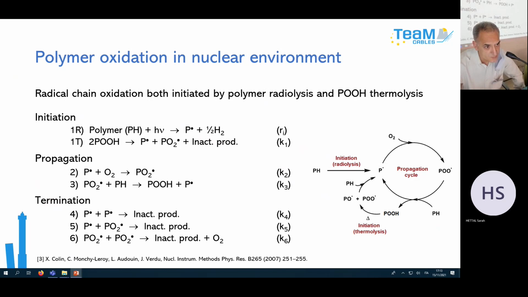In the literature, the first work on the understanding of the polymer oxidation took place in the 1930s. They were initiated by a Russian researcher named Semenov. Semenov was awarded the Nobel Prize in 1956.